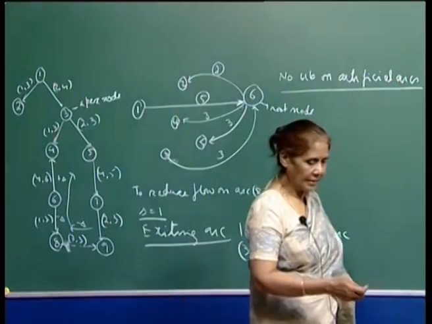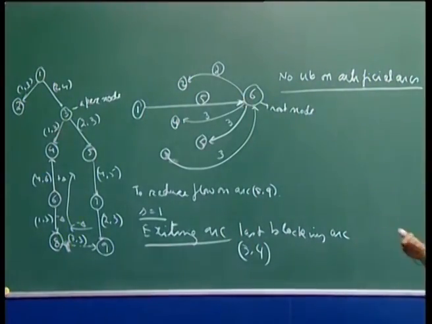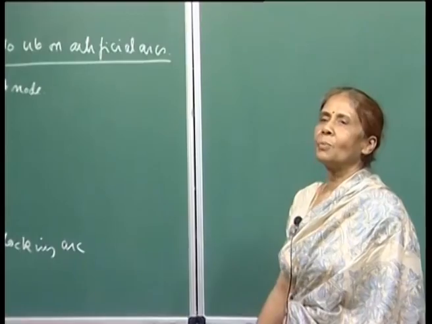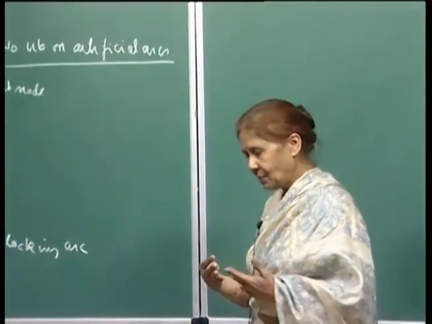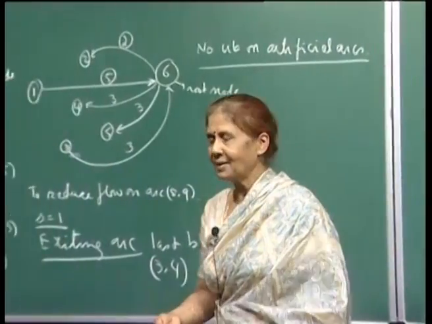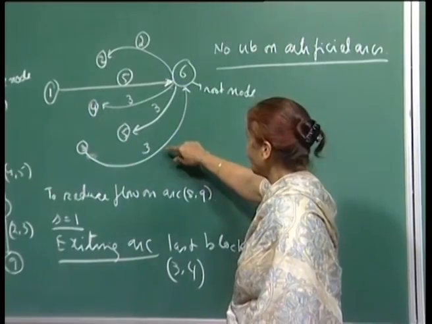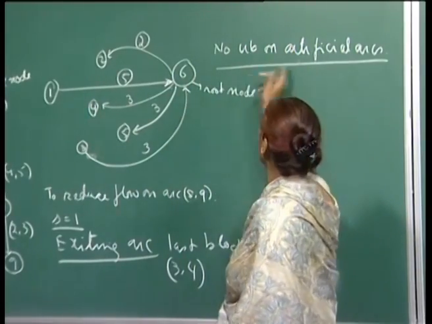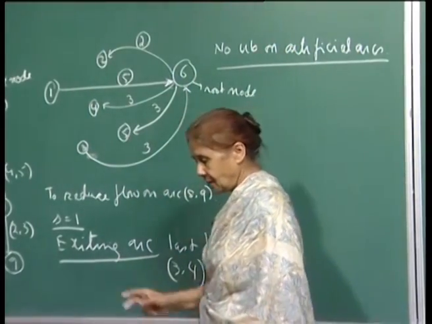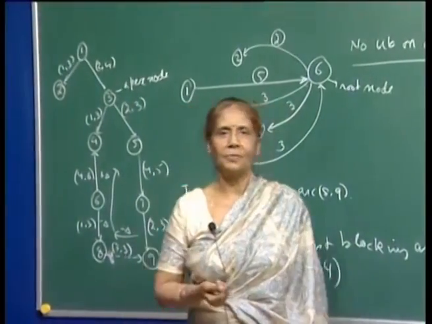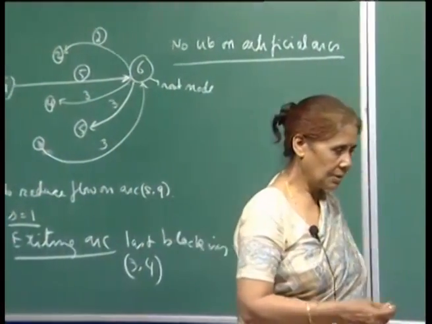So, there is nothing like a saturated arc, and there is nothing like a 0 arc in this case, so both the conditions do not apply. In the sense that by default the conditions apply, because there is no 0 arc here and there will be no saturated arc, since there are no upper bound constraints. So, a phase 1 starting tree will be a strongly feasible tree, and you can begin your iterations by that.